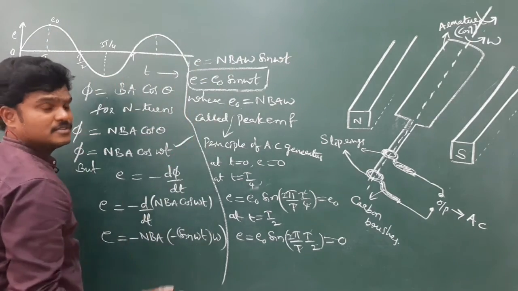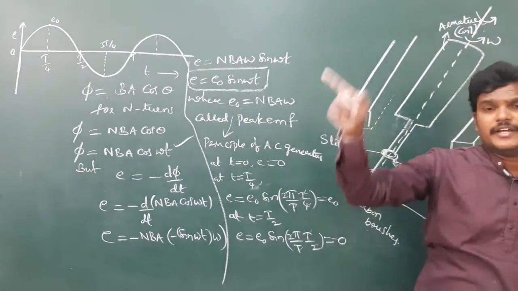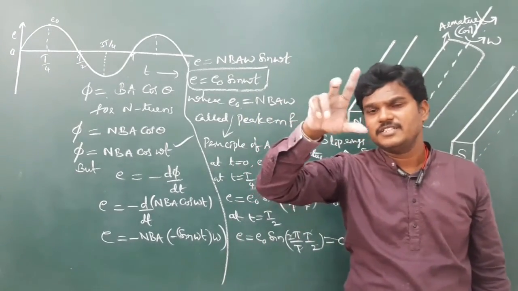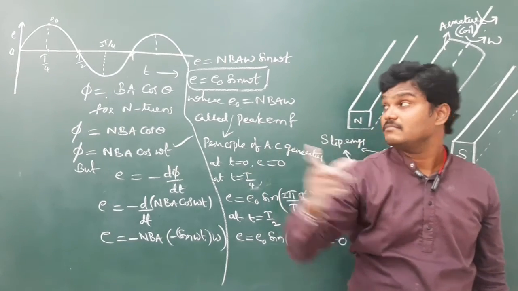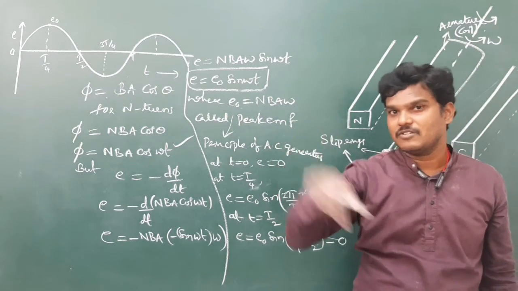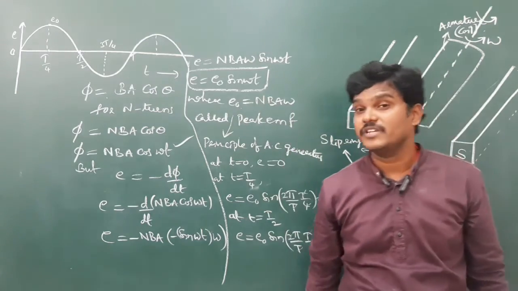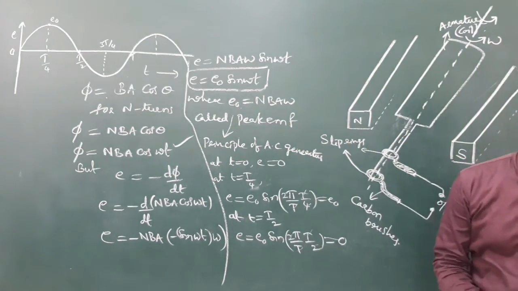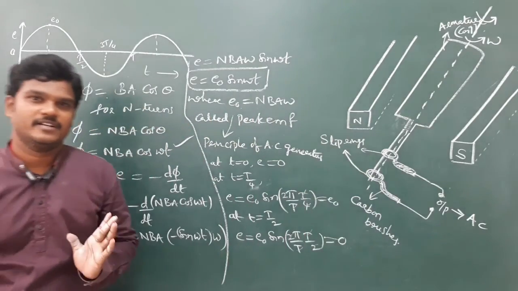I already drew the same graph in EMF, for a circular ring in a magnetic field rotating through 30 degrees, 60 degrees. The semicircular disc and circular ring are also completed. So here E is equal to E naught sin omega t. These are a few words about the AC generator.